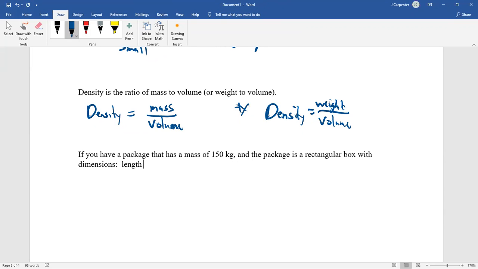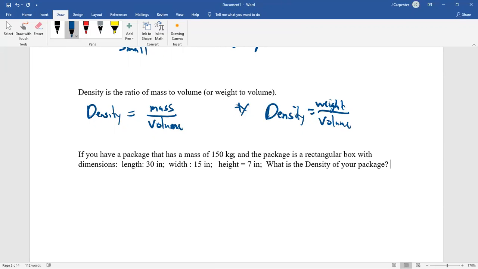The length is, let's go with 30 inches. The width is 15 inches. The height is going to be 7 inches. What is the density of your package?